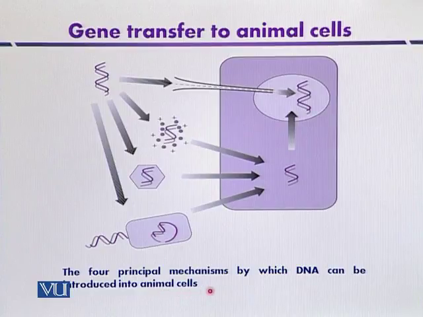As I told you, we can start with physical transformation: by using electroporation or particle bombardment, foreign DNA can be directly inserted into the nucleus of the animal cells. Alternatively, this foreign or exogenous DNA can be complexed with positively charged compounds like lipophilic vesicles.